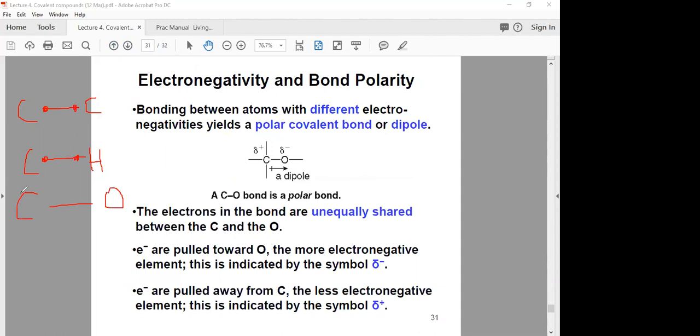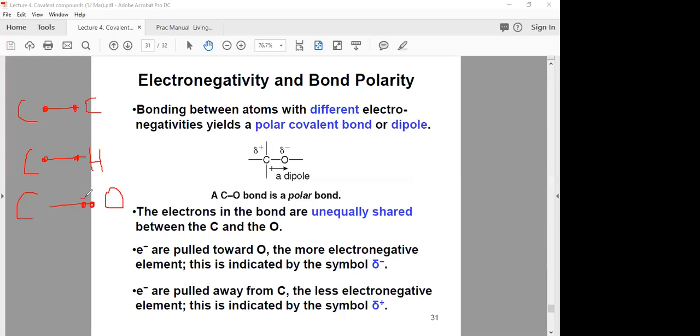Carbon has an electronegativity value of 2.5. That tells us that oxygen has a greater pull on those electrons in that covalent bond. That is, the electrons in the bond are unequally shared between the carbon and the oxygen.